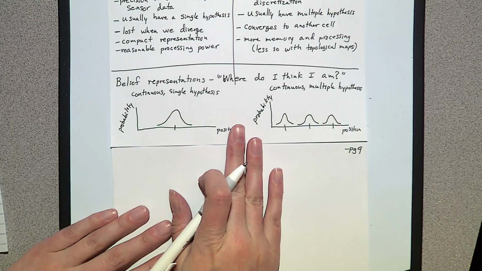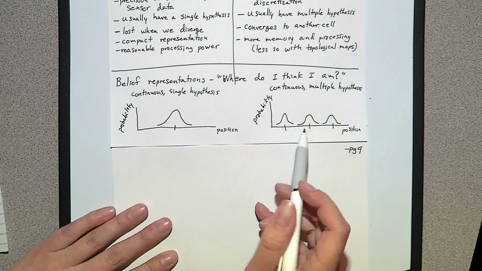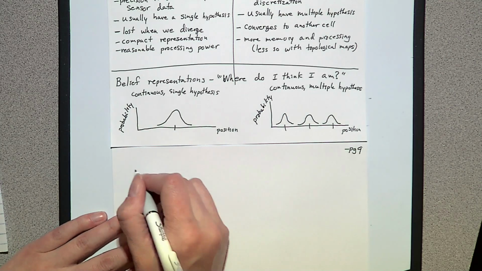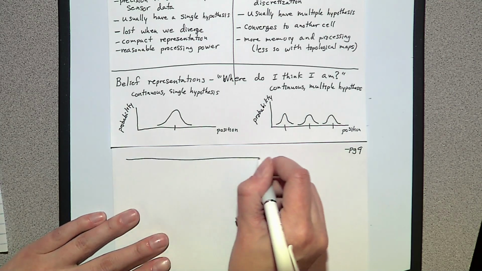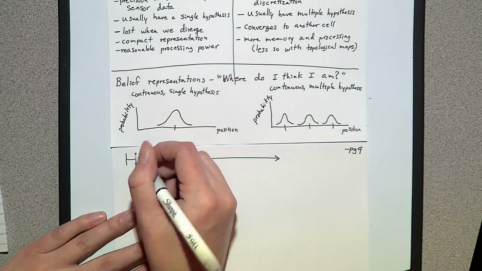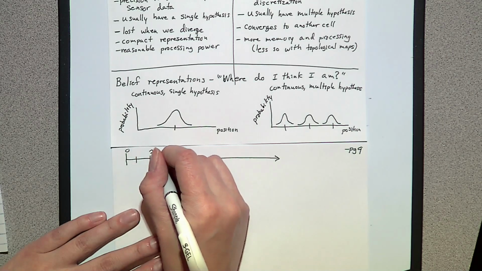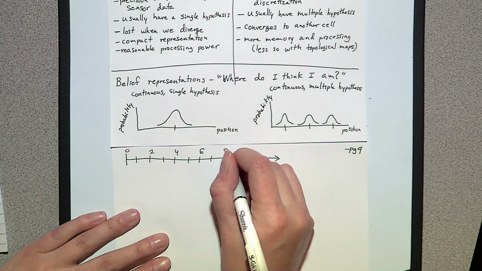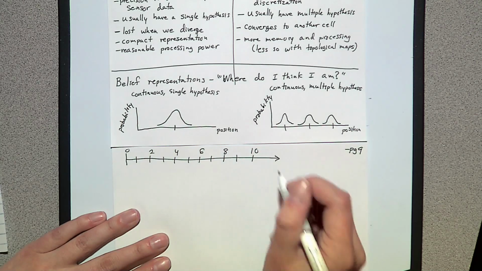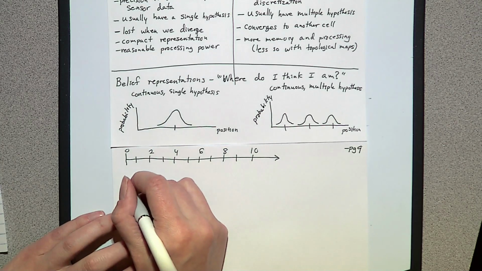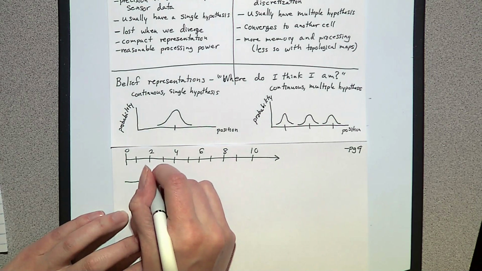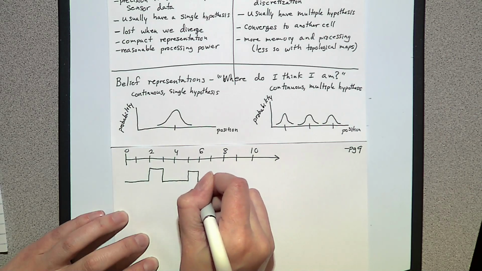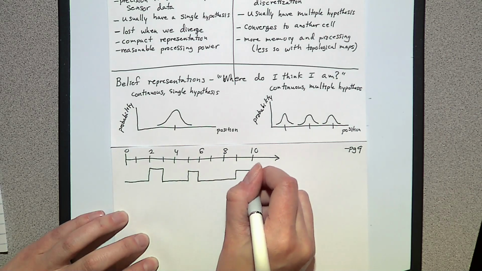And so when we have something like this, let's say that we have a hallway here. Let's say our positions are 0, 2, 3. Let's say that we have a hallway, we have a door between 2 and 3, and we have a door between 5 and 6, and a door between 9 and 10.